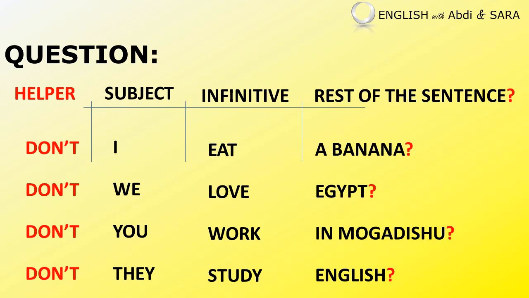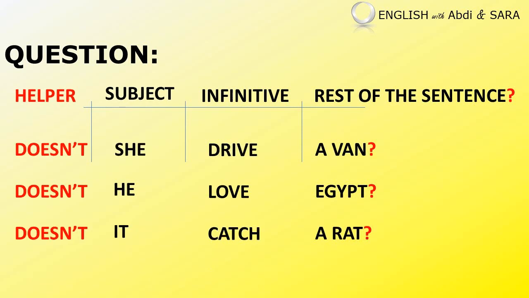If our subject falls under the category I, we, you, or they, then we use the helper don't. However, if our subject falls under the category she, he, or it, that is, if it's a single female or a singular male or a singular animal, then the helper is doesn't. When we are making question sentence, the helper comes first at the beginning of the sentence. It will read as so.